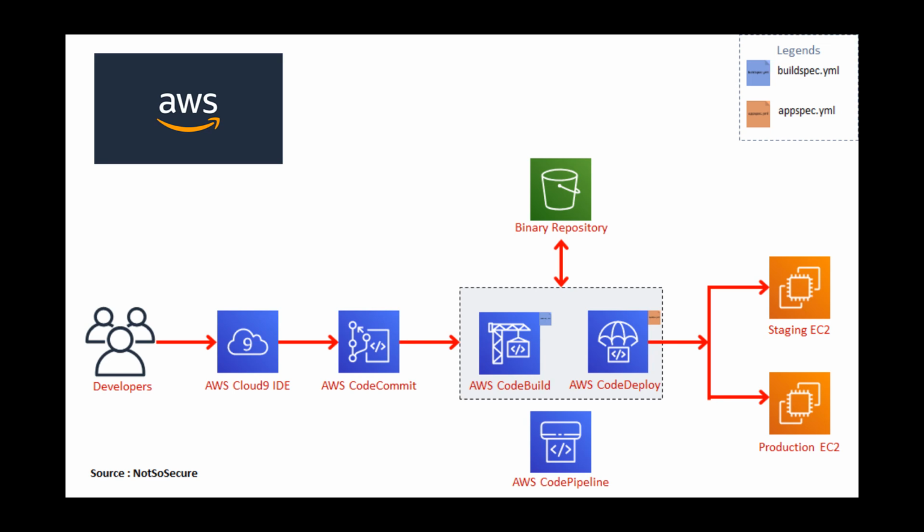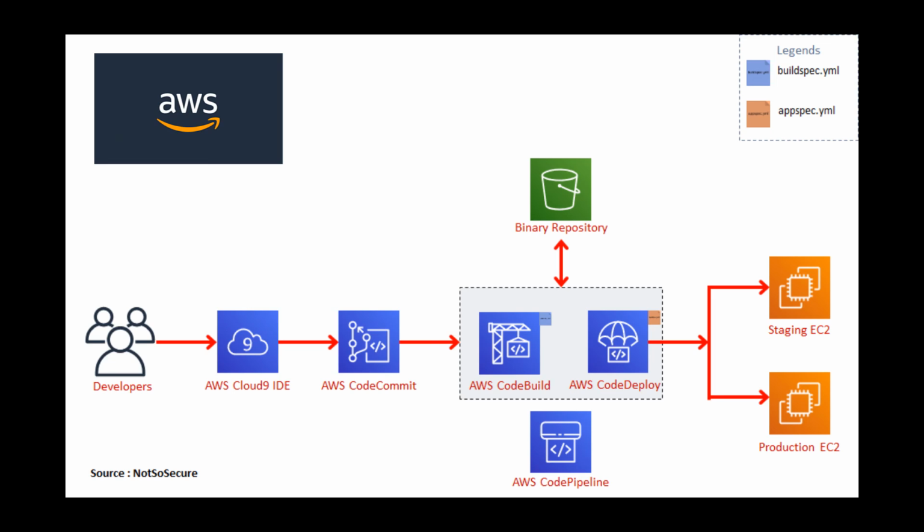Developers commit their code to AWS CodeCommit. AWS CodeCommit is a fully managed source code service that hosts secure Git-based repositories. It makes it easier for teams to collaborate on code in a secure and highly scalable ecosystem.